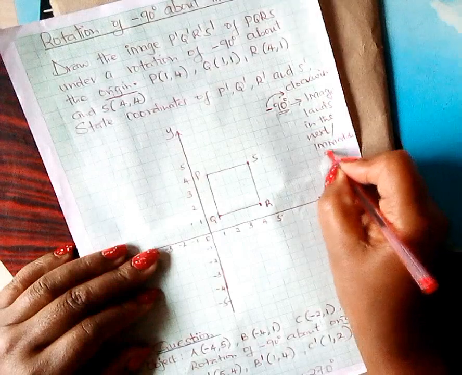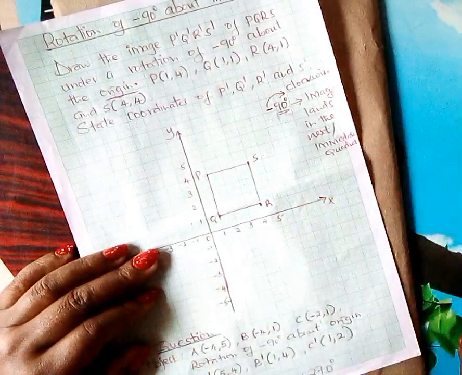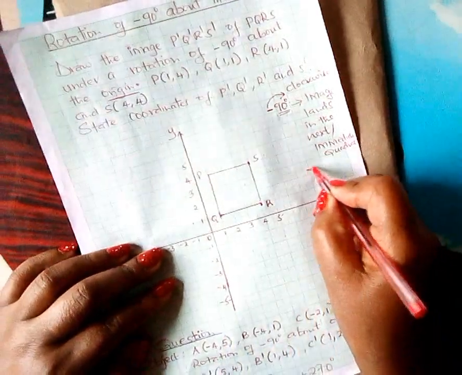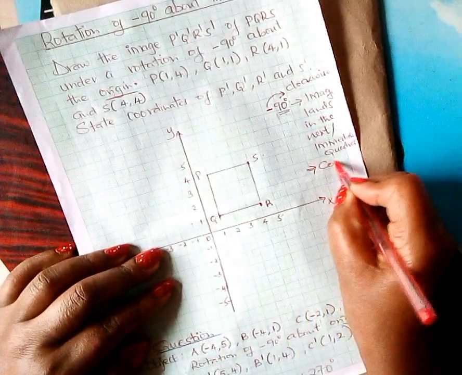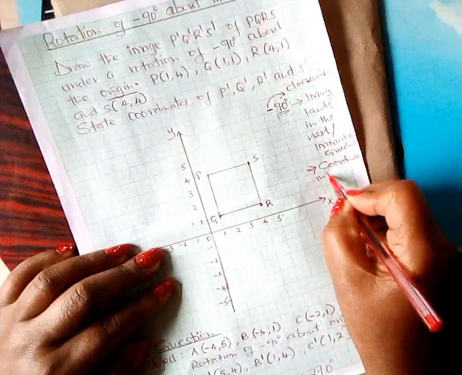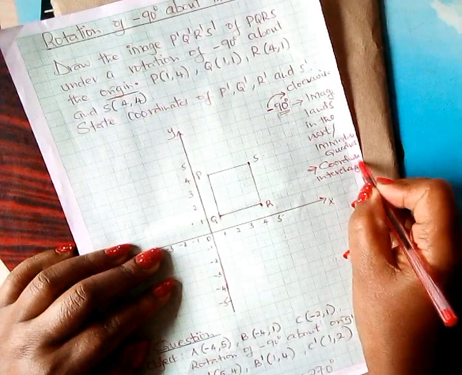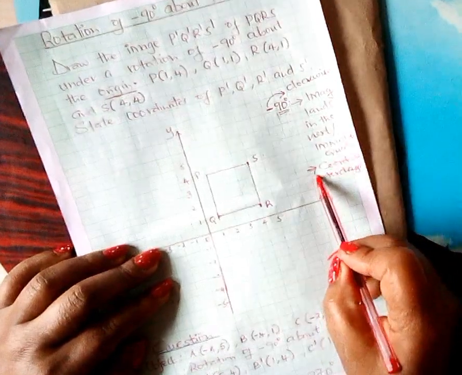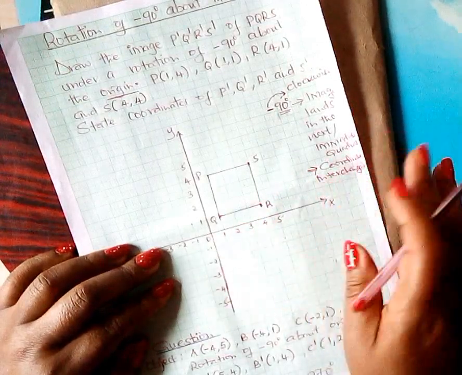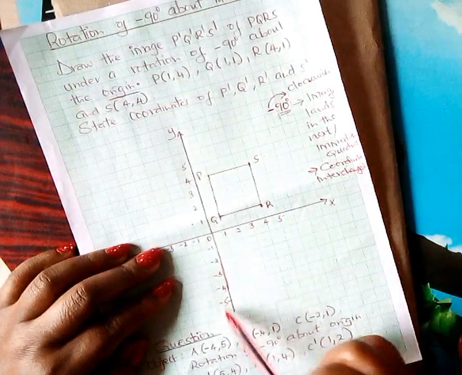It is good to put that in mind. And then what happens is that you just interchange the coordinates. The coordinates are interchanged, and the sign of the coordinates depends on the axis. You just interchange the coordinates and then you look at the axis.